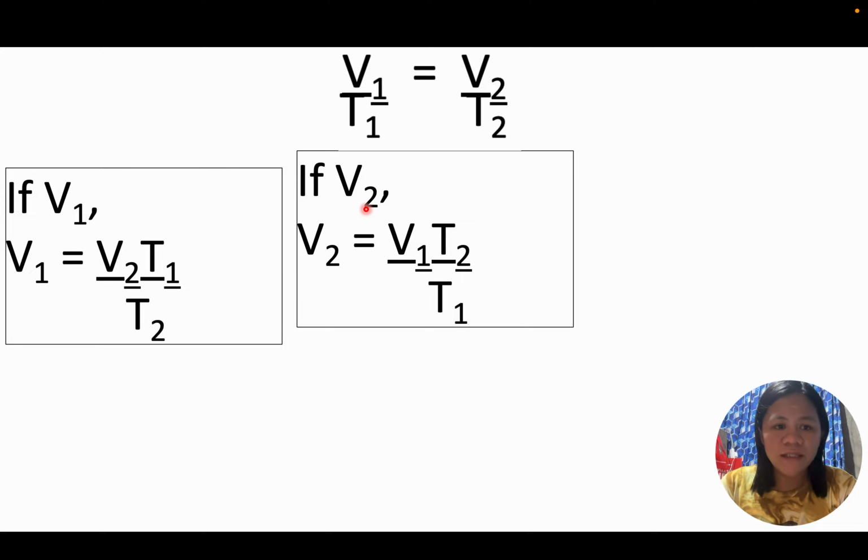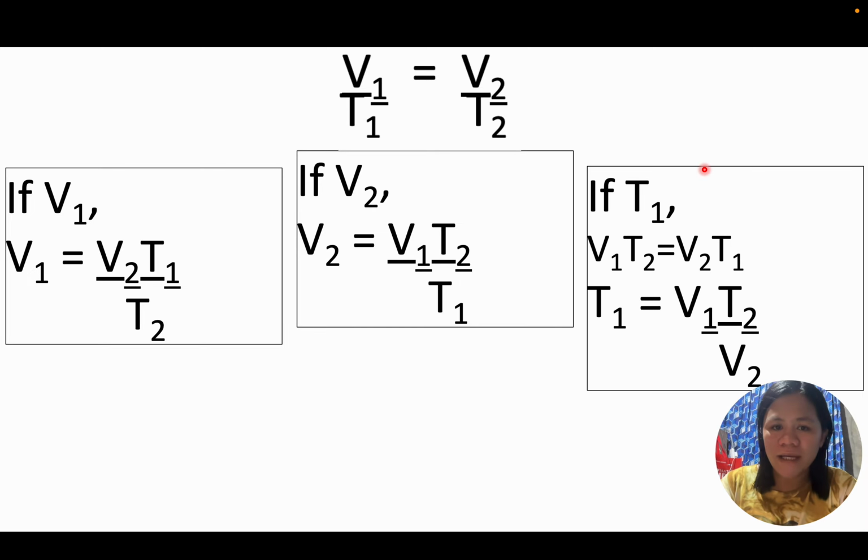If V2 naman, as you notice, V2 yung hinahanap, so yung kasama niya, nilipat natin sa kabilang side. So V1, T2, magkasama na sila, and then ang T1 na nasa denominator, nag-remain lang siya. If ever T1 naman yung hinahanap, dito medyo baka malito kayo, but just listen lang.